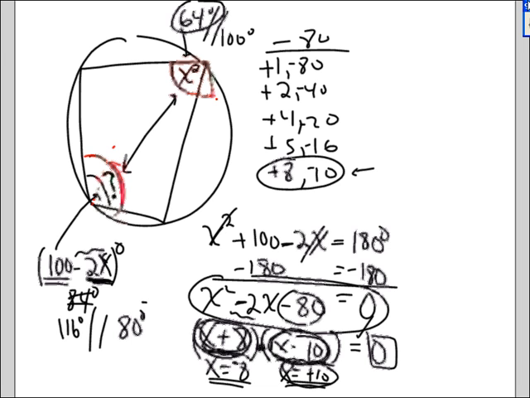So that is why I'm not going to keep the 80 and the 100. The two angles are 64 and 116. So upon visual inspection, I decided which of the two to keep and which to get rid of. This finishes this section on inscribed and circumscribed polygons.